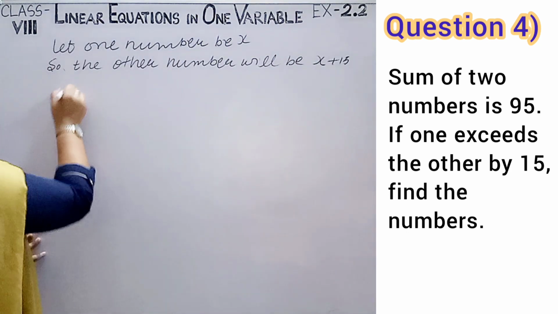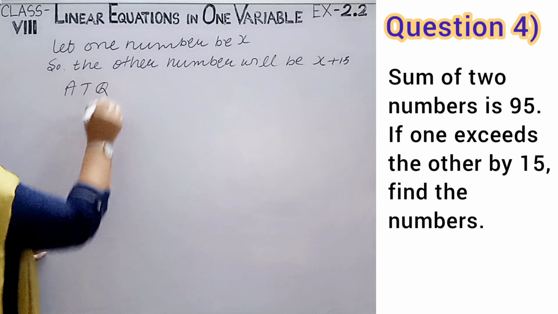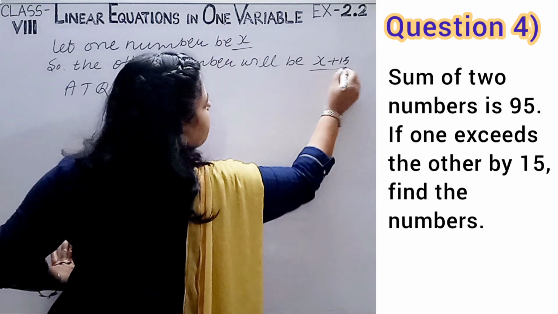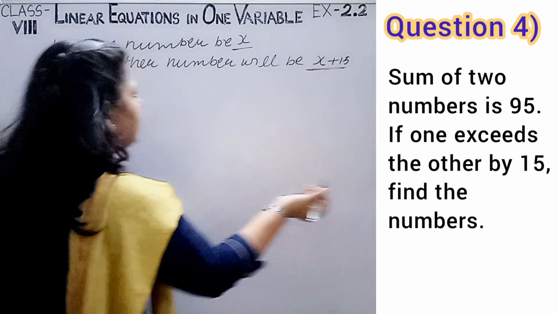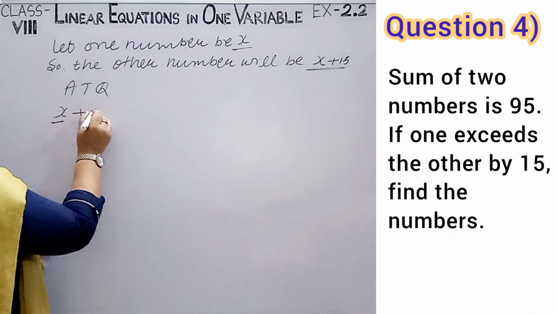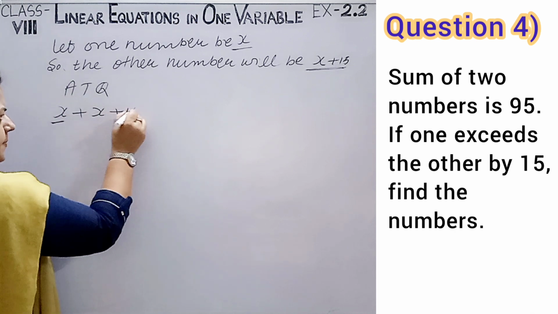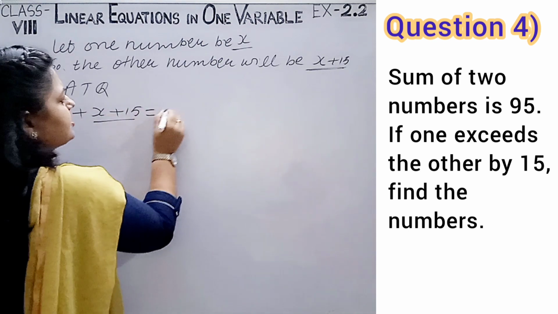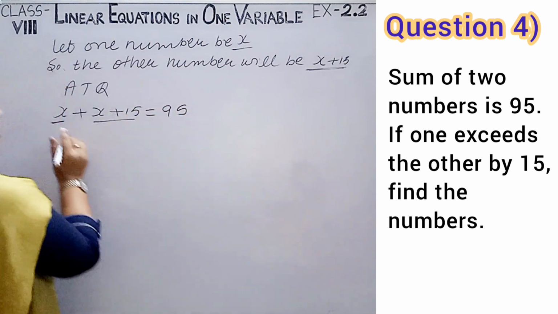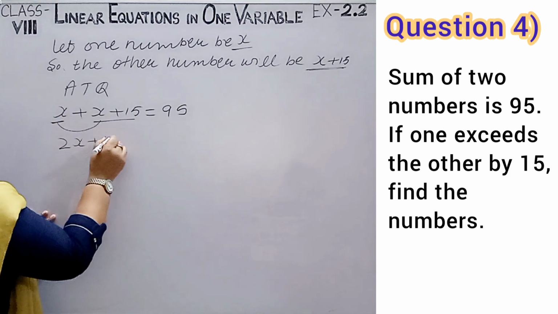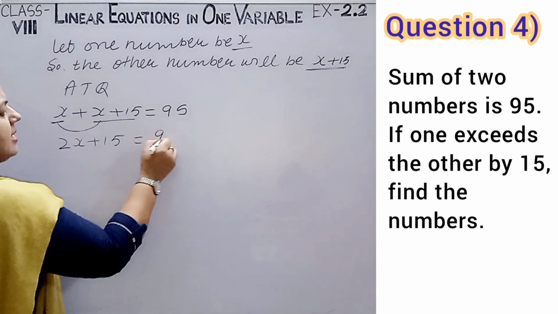Now according to the question, the sum of this first number and second number is 95. So x first number, second number x plus 15, and sum of these two numbers equal to 95. Now x and x, 2x plus 15 equal to 95.